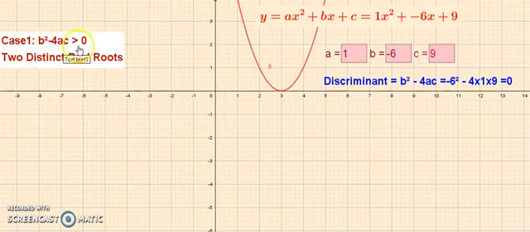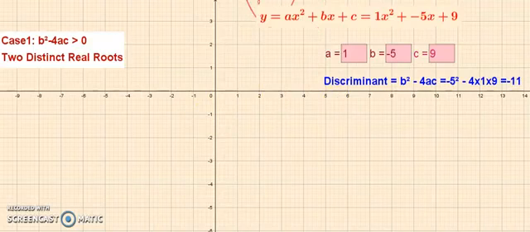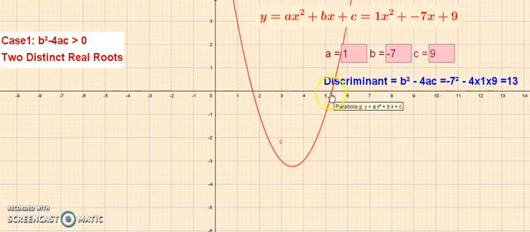Case 1: when the discriminant value is positive, we get 2 distinct real roots. That is, we have real roots for this graph, and we observe that we have 2 points of intersection of this curve and the x-axis when the discriminant is positive.